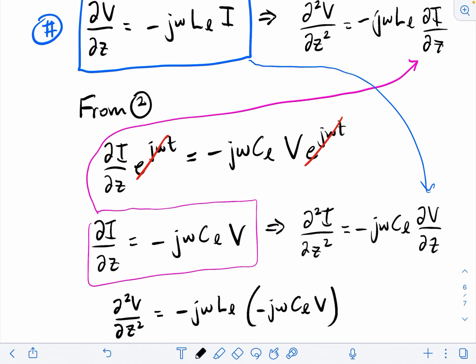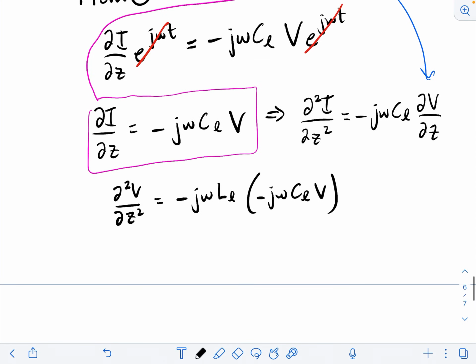And we can simplify that a little bit. We have a minus sign times a minus sign, which is positive, but then we have j squared, which gives us a minus 1. So we get minus, we have two factors of omega, so we get minus omega squared, and then we have the inductance per unit length times the capacitance per unit length times the voltage.